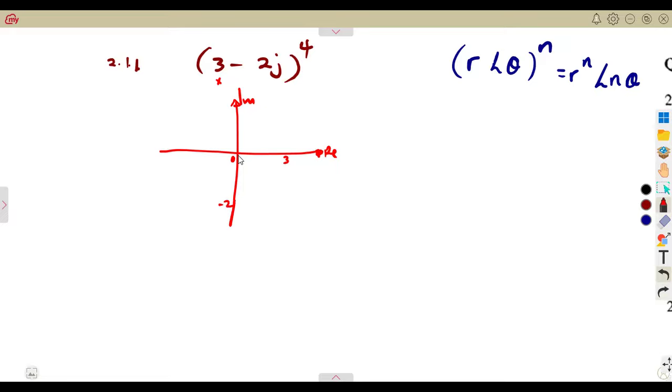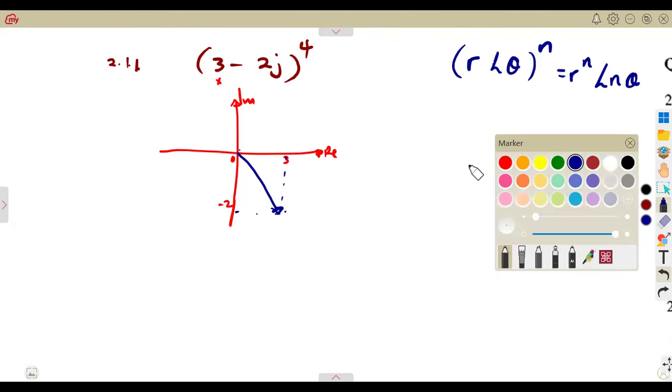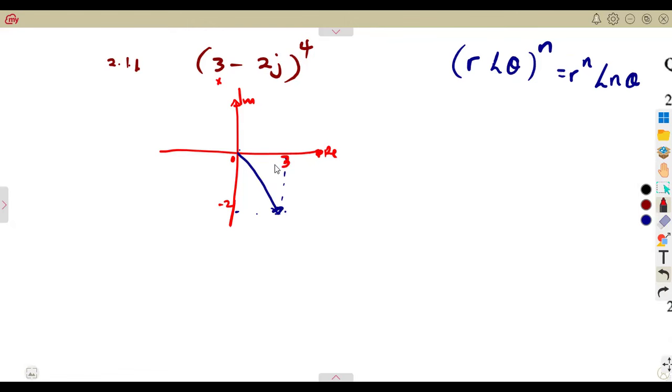So as we can see, these two are in the 4th quadrant. This is where these two meet, in the 4th quadrant. So why is this important? It is important for the angle to be taken. It's either you take this angle or you take this angle inside.